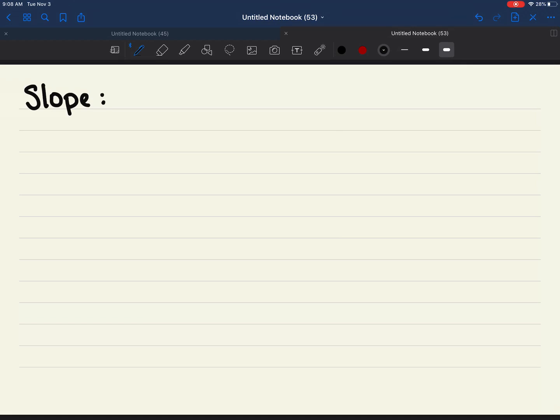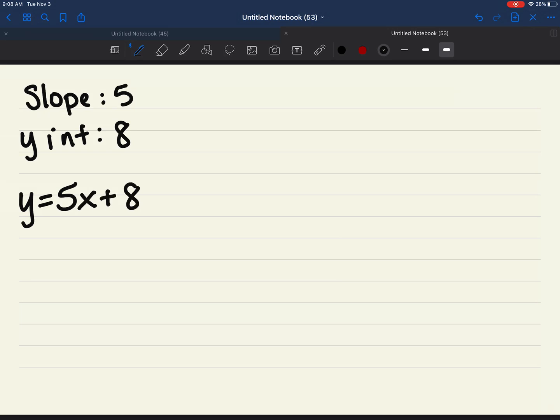Okay? So if they tell you that the slope is 5 and that your y-intercept is 8, and the first thing they want you to do is just write an equation in slope-intercept form, can anyone tell me what my equation would be? Nathan? Y equals 5x plus 8.